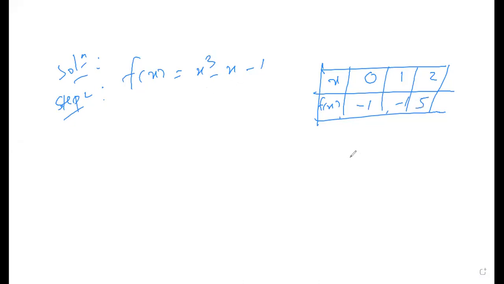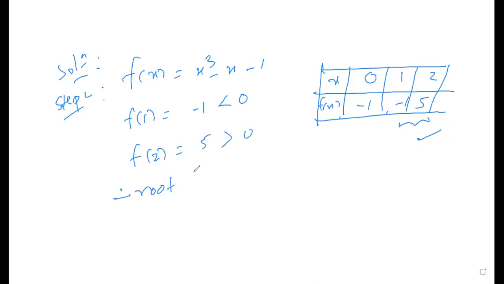Okay, so what do you think? We have the plus and minus choices, so I can say this is my interval. Here f of 1 is equal to minus 1, which is less than 0. f of 2 is equal to 5, which is greater than 0. Therefore, the root is between them.